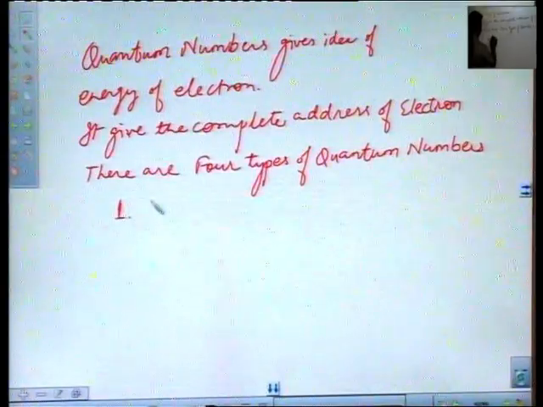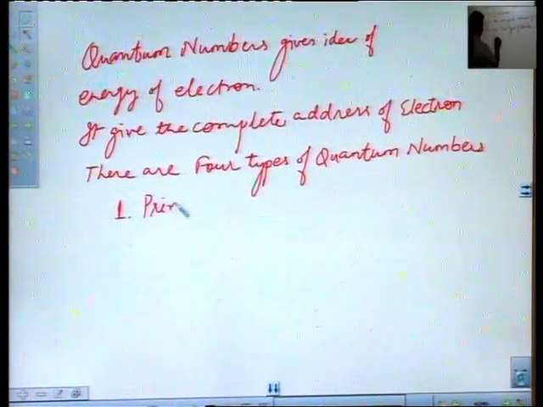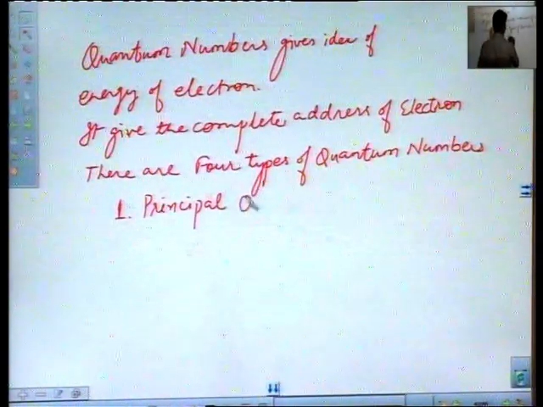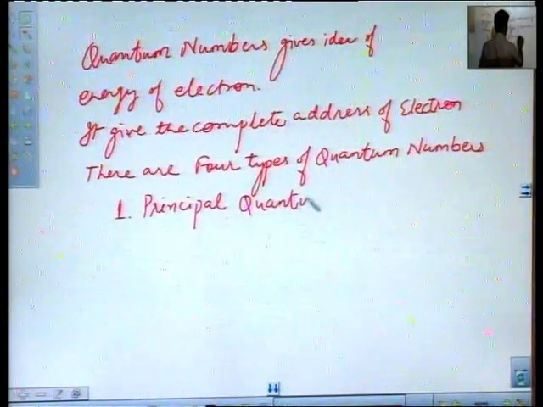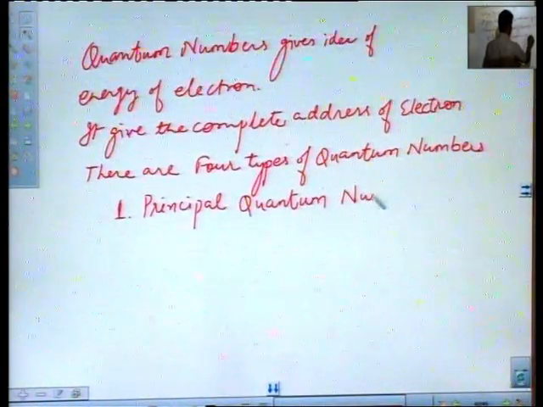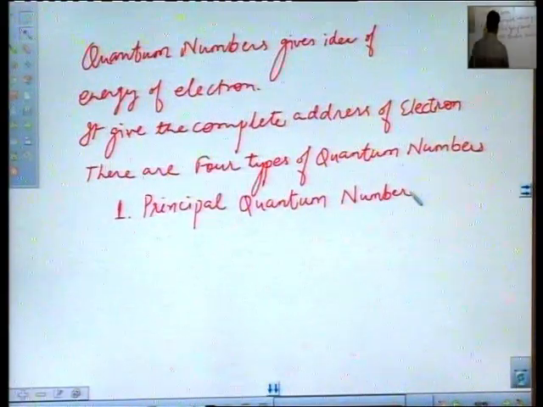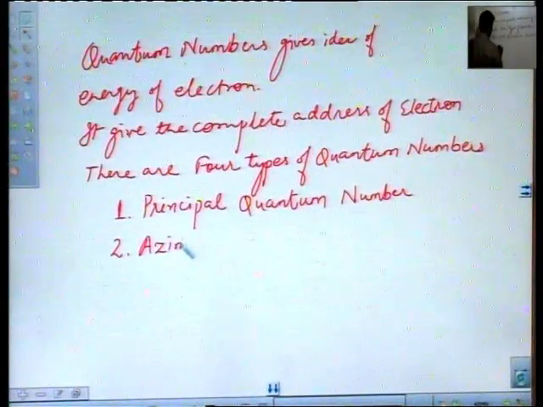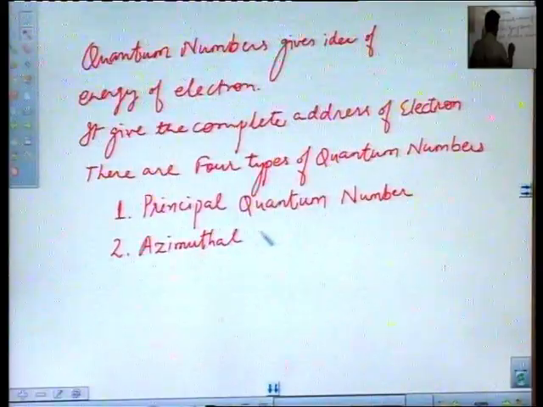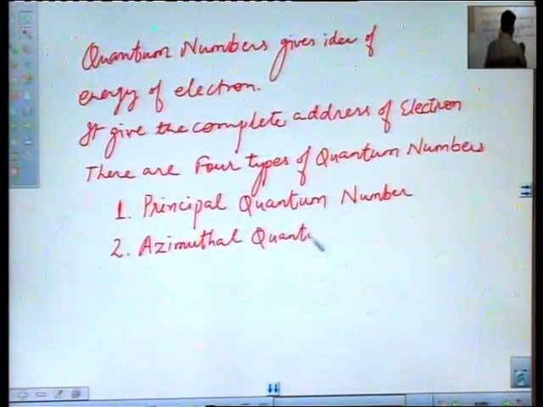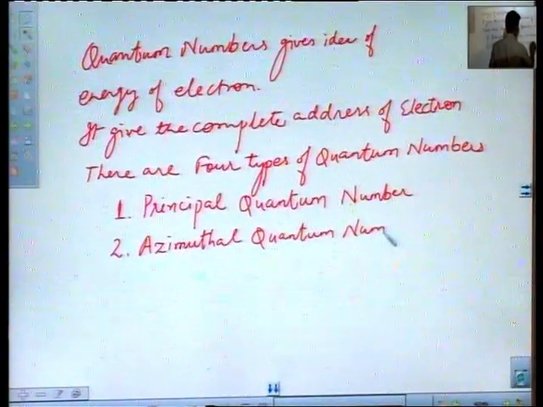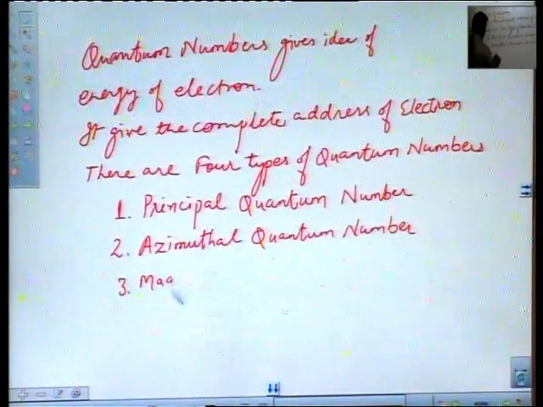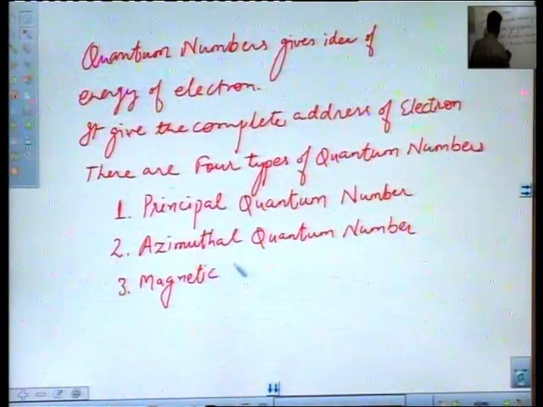The first one is the principal quantum number. The second is the azimuthal quantum number. Third is the magnetic quantum number.